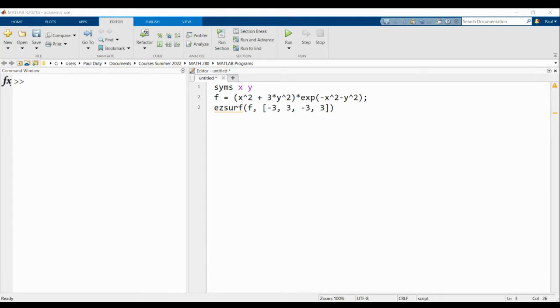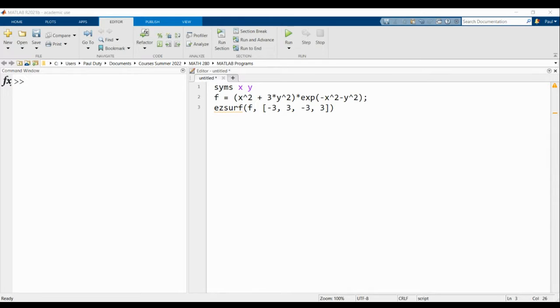And incidentally, in the homework for section 9.6, you're going to be given a variety of functions that you're going to be coding into MATLAB, and you can use this standard program as a reference.